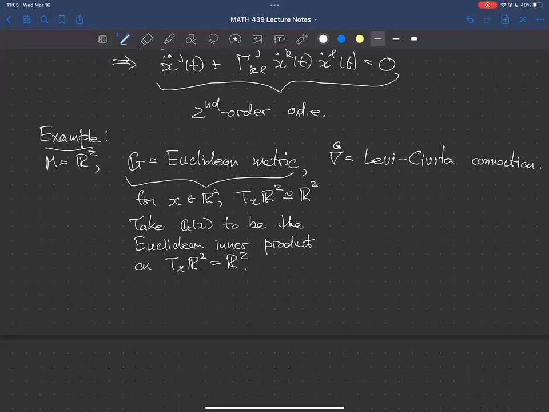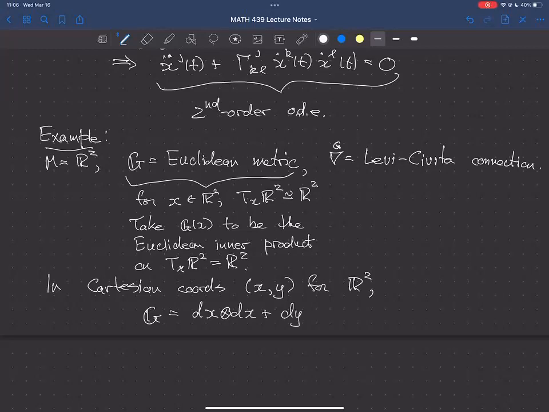And so in coordinates, in Cartesian coordinates x, y for R2, G is equal to dx tensor dx plus dy tensor dy.